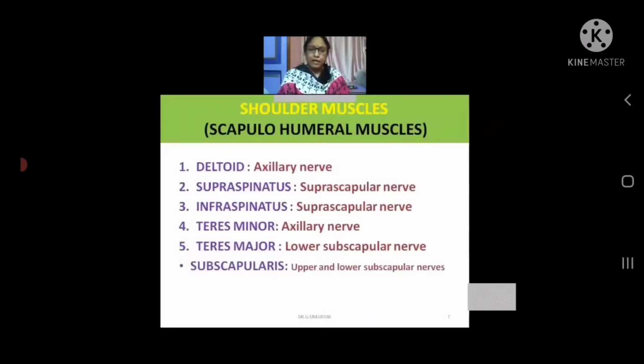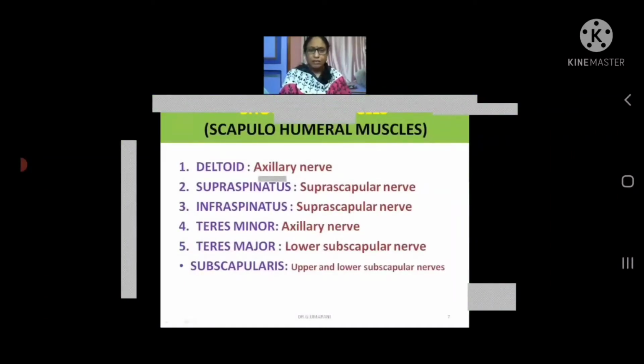And the deltoid muscle is supplied by the axillary nerve, and this is a very important muscle which is known as the powerful abductor. Supraspinatus is supplied by the suprascapular nerve. Infraspinatus also by the suprascapular nerve. Teres minor, again, is supplied by the axillary nerve.